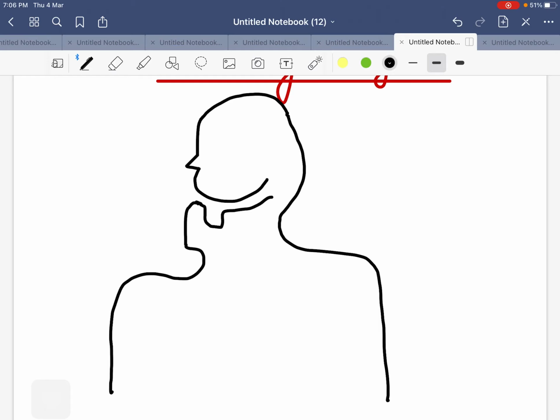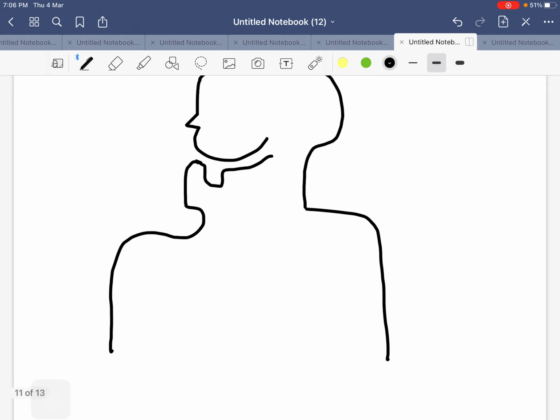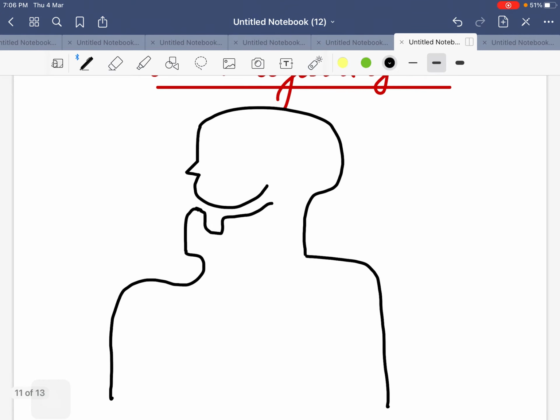I think this is the easiest one. You can easily draw this. Done, right? Or you can broaden this a little bit more, because we have to draw our esophagus. So we are going to draw a little bit broader here, so that we can easily draw our esophagus. I think this outline should be clear with you, right?